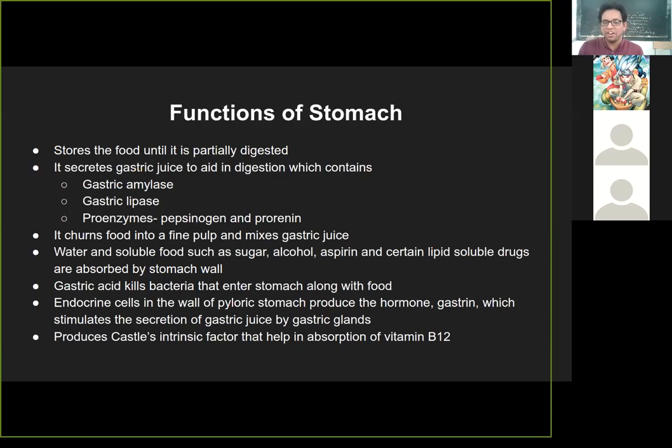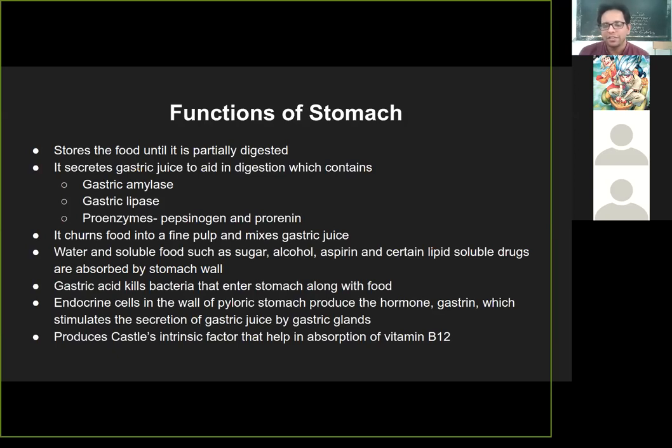There are extrinsic factors as well, which are not really required and can be obtained from outside. That's why they are extrinsic. These intrinsic factors are synthesized and required within the body itself. So the stomach is known to produce one such factor, which is called Castle's intrinsic factor.